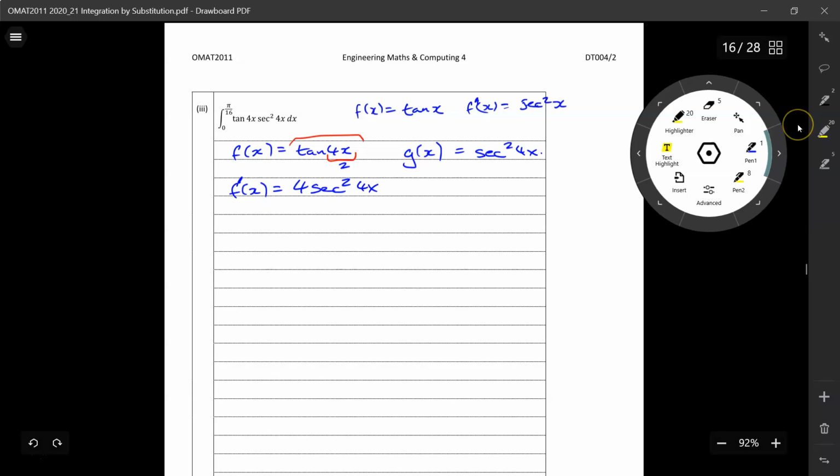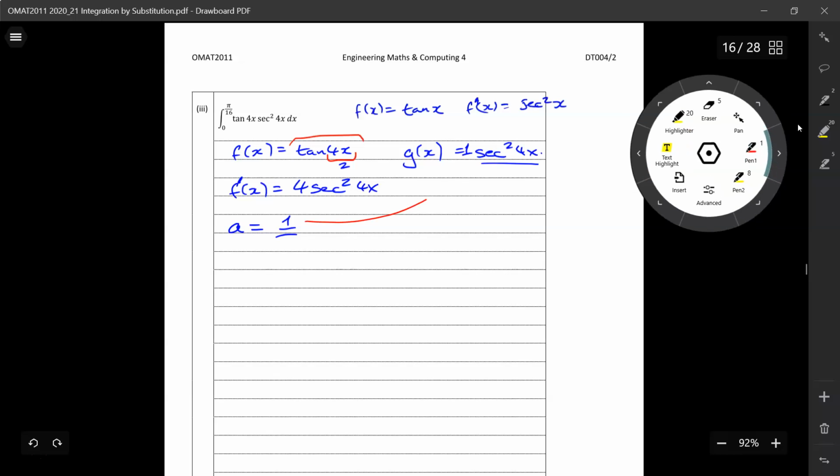So your next task then is to work out the multiplier. So a is the coefficient of the derivative here, sec squared 4x. The coefficient here is 1 in g at x.